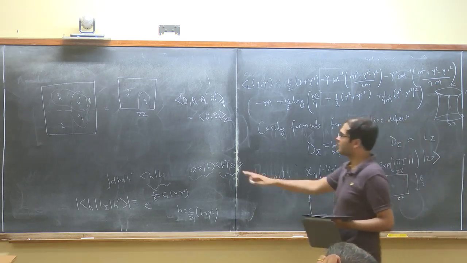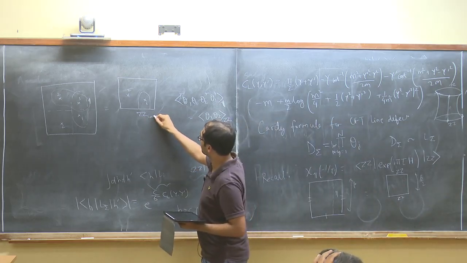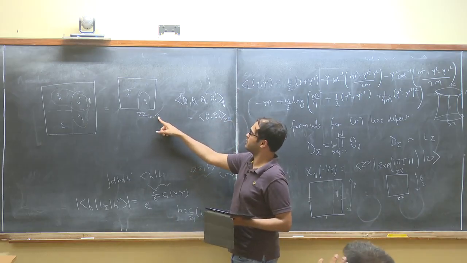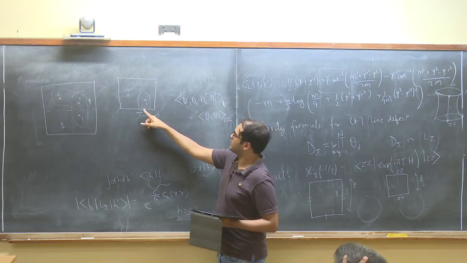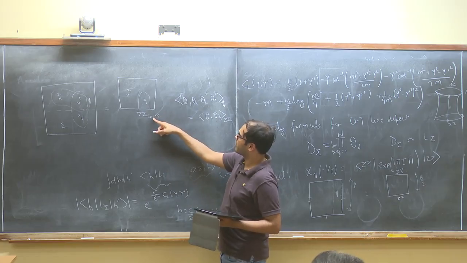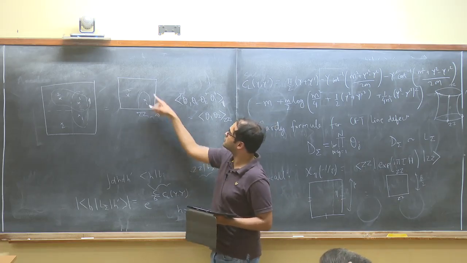There is a generalization of ZZ. The ZZ is actually a two-parameter family of boundary conditions labeled by a pair of integers. When people just say ZZ, they're referring to the member of the family where you set M and N to be 0, and that corresponds to the identity.